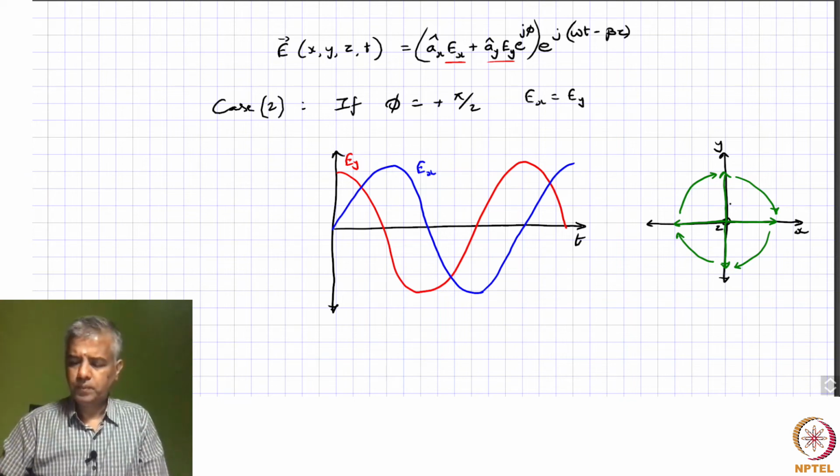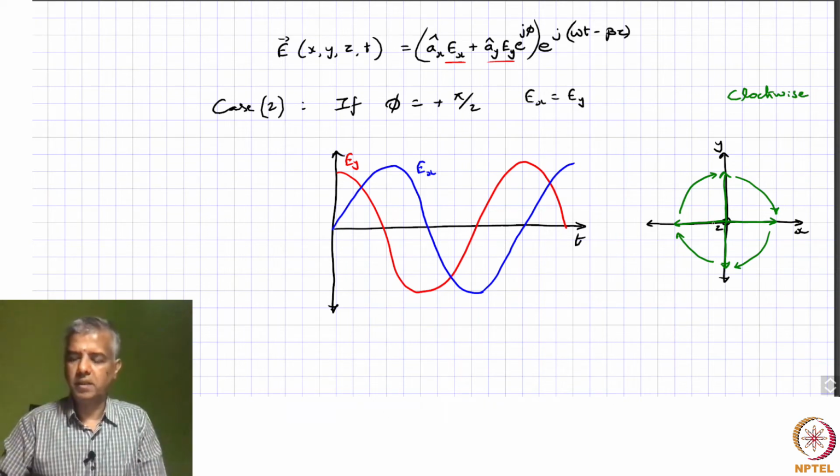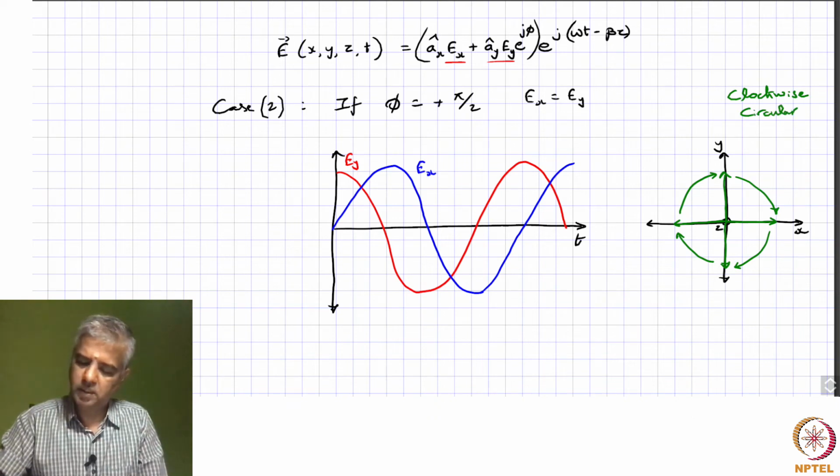Now, this constitutes what is called clockwise, and it's defining a circle here. So, it's called clockwise circular polarization.